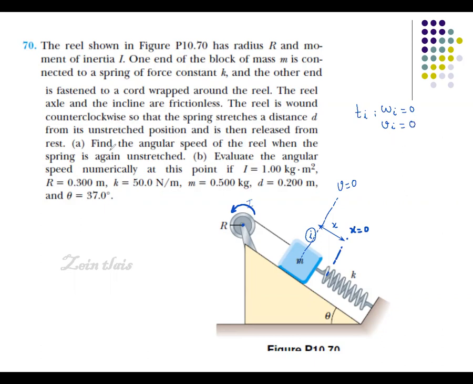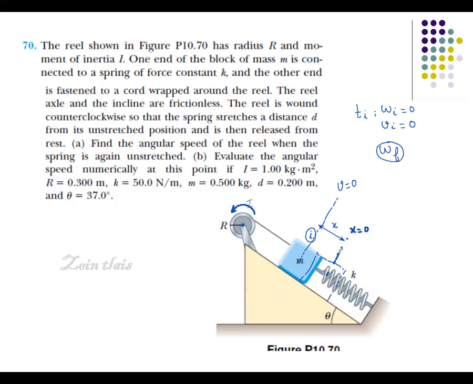Find the angular speed omega final of the pulley when the spring is again unstretched at the equilibrium position. When I release the system, the block will slide down. I want to find the angular speed of the pulley when the block arrives again to this position.